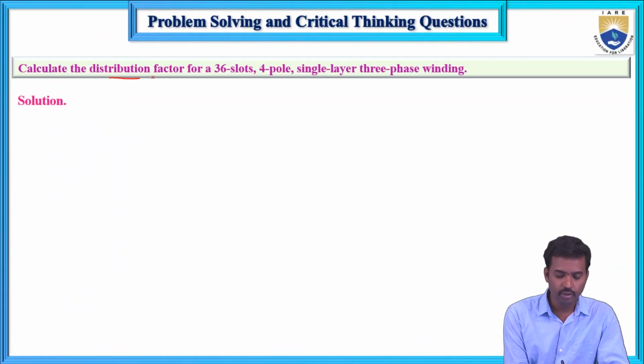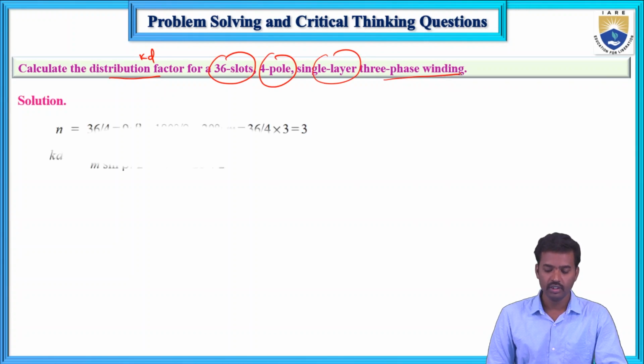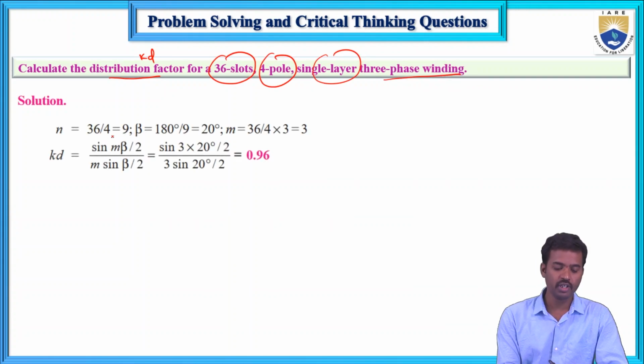So now second problem. Calculate the distribution factor KD for 36 slots, 4 poles and single layer 3-phase winding. N means the number of slots per pole, that is the number of slots divided by the number of poles, which is 9.